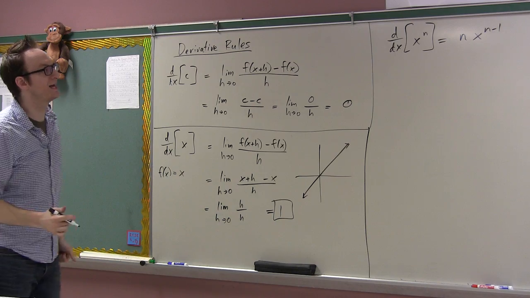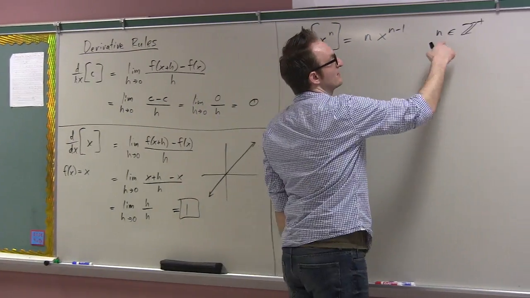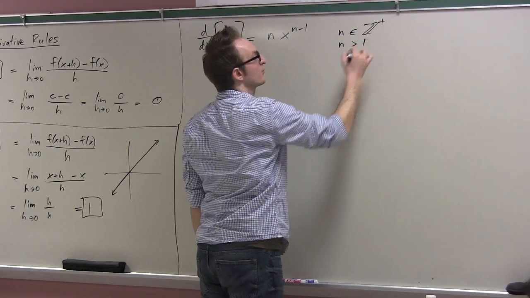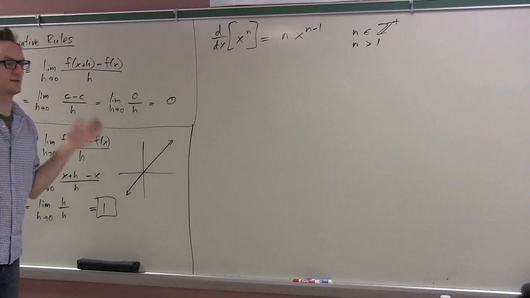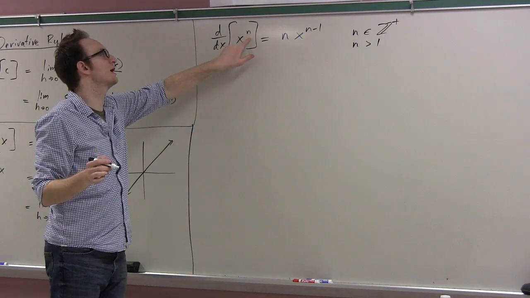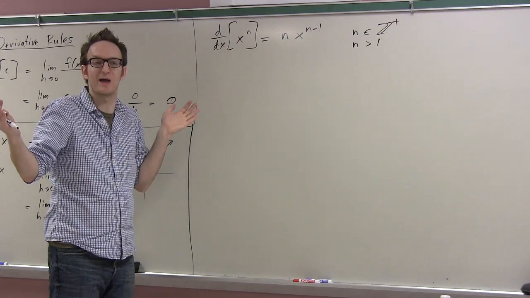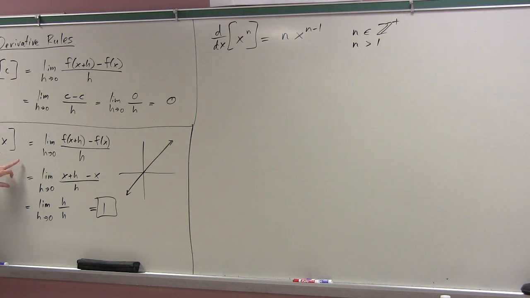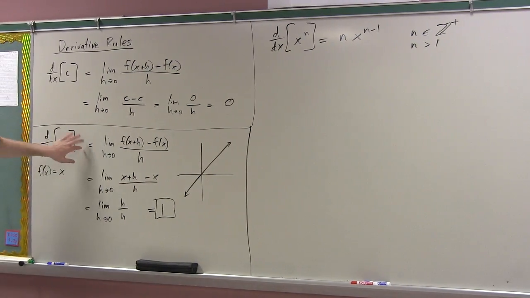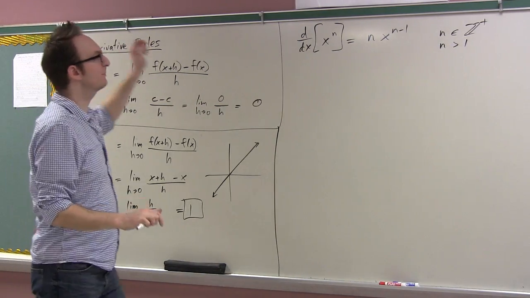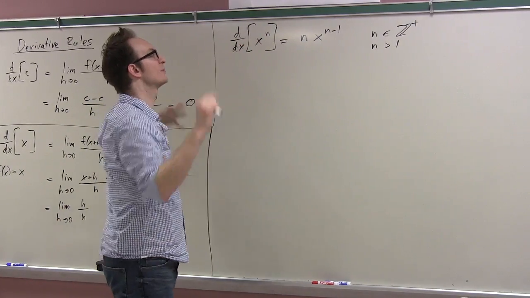In fact, n must be greater than 1, because for x to the 1, I have no binomial theorem to expand, which is why I treated it as a special case. We did the case when n equals 1 separately. If n is greater than 1, then we did this binomial theorem proof.